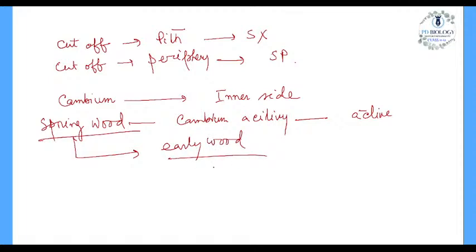Spring wood is also called early wood, and then there is autumn wood. In winter, the cambium has less activity and forms fewer xylem elements with narrow vessels. This autumn wood is called late wood.